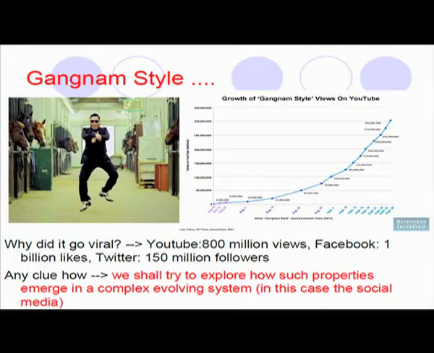But this is one of the very first motivations to study this kind of a subject. So the question that you can start off with is, what made Gangnam Style popular or viral? And the rest of this course is a way to answer this question.